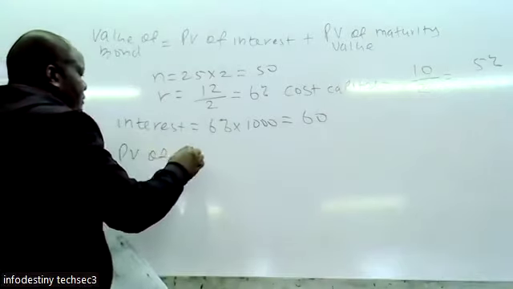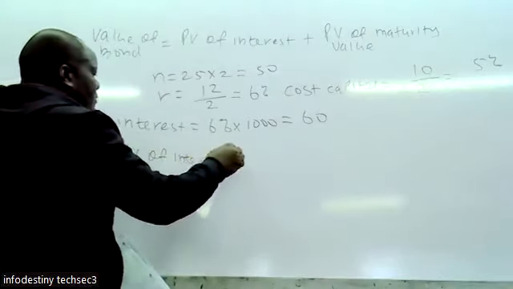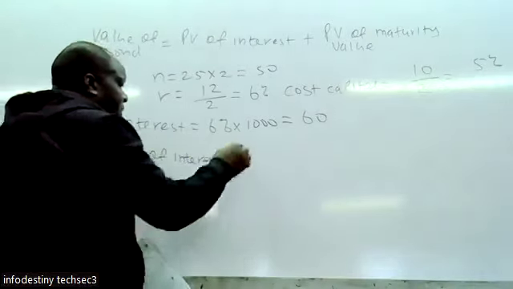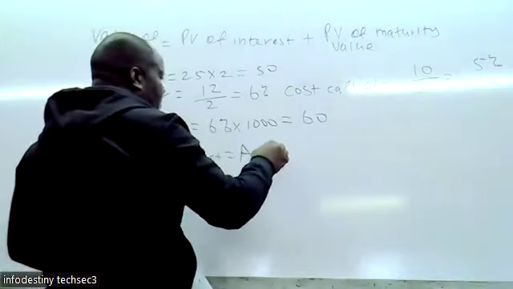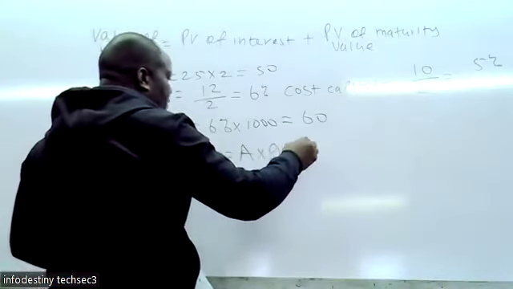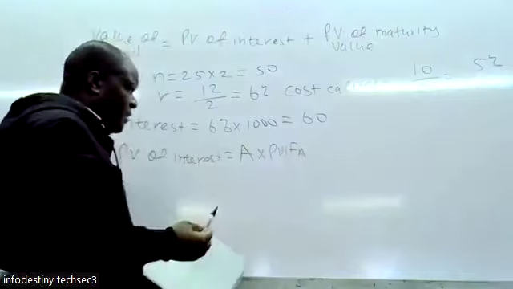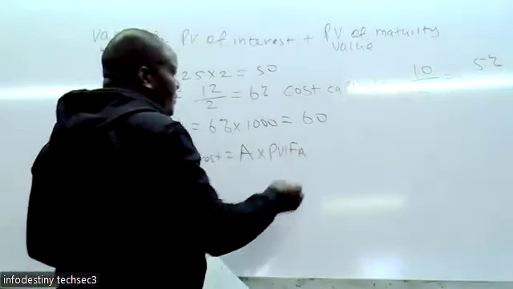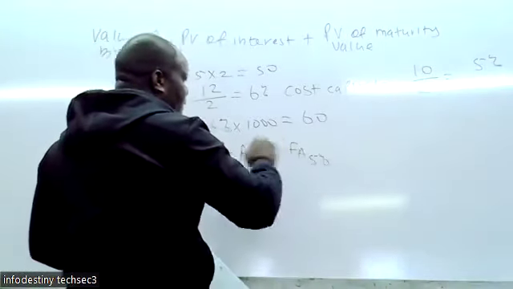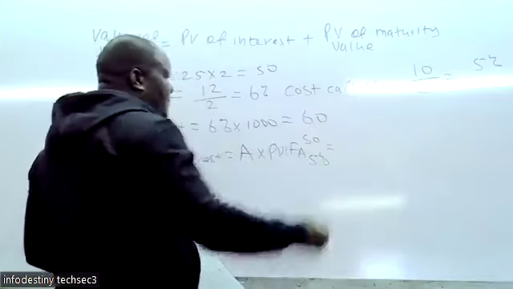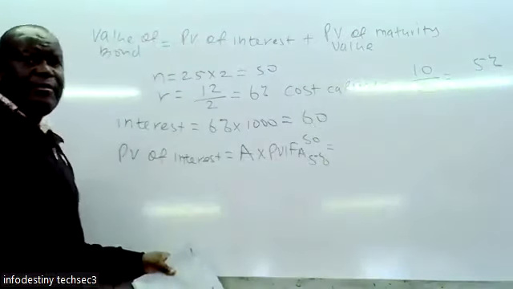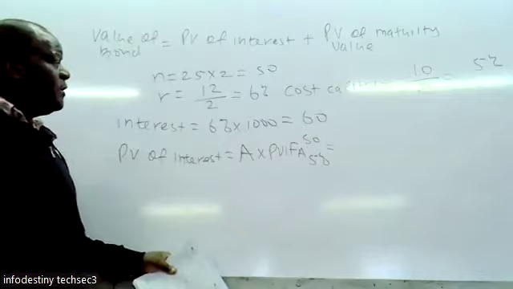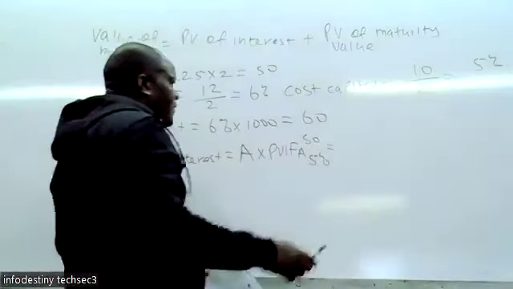Now you get the present value of interest, which is equal to the annuity multiplied by the present value interest factor for the annuity, with a cost of capital of 5% for 50 periods. The interest is the annuity, and we got a figure of 60.